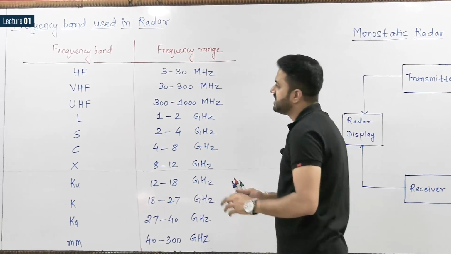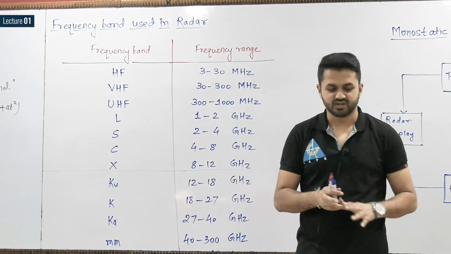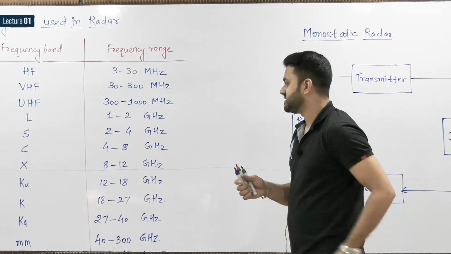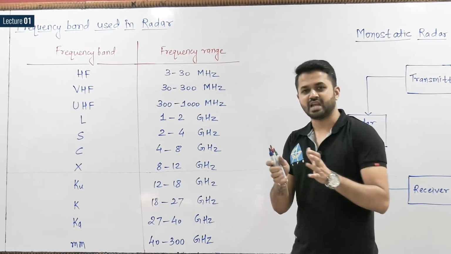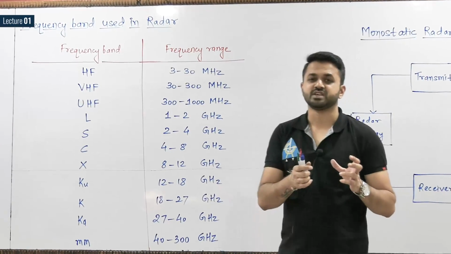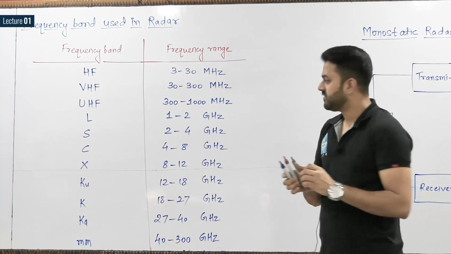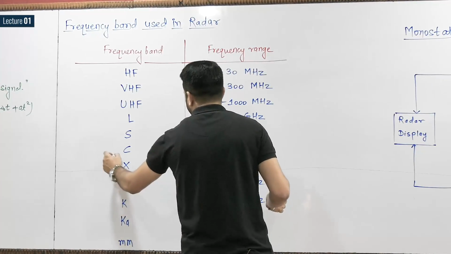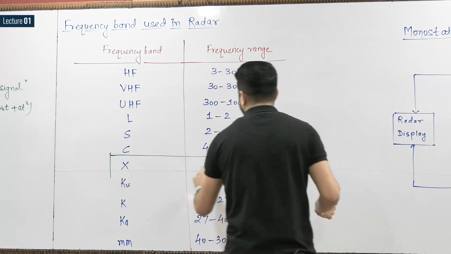In general, when we performed microwave experiments in our college days, the frequency range we used in the microwave bench in that lab was 8 to 12 gigahertz. That means we were working in the X band.